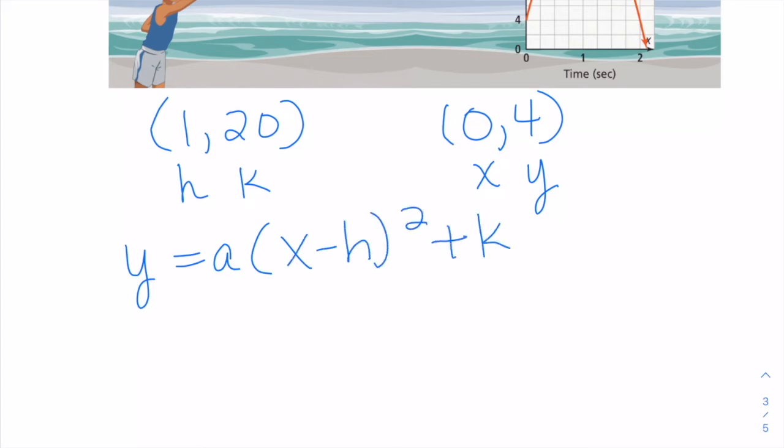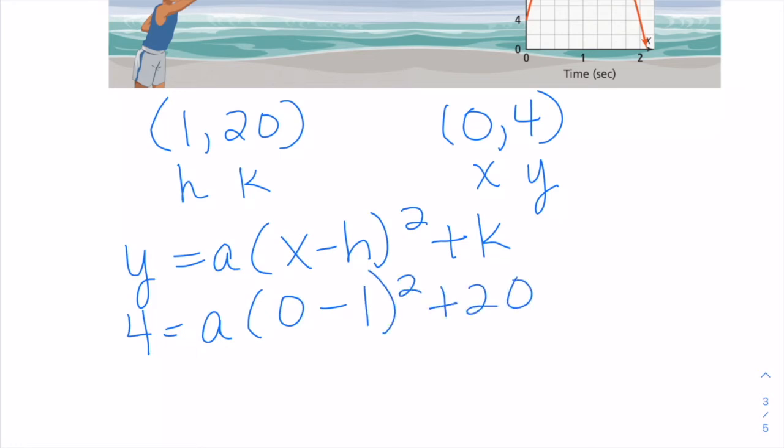And I'm going to substitute all the variables. So 4 equals a, which we don't know, times (0 minus 1) squared plus 20. When I simplify, I'll just get a right here, because -1 times -1 is just 1. And then we can subtract 20, so a equals -16.